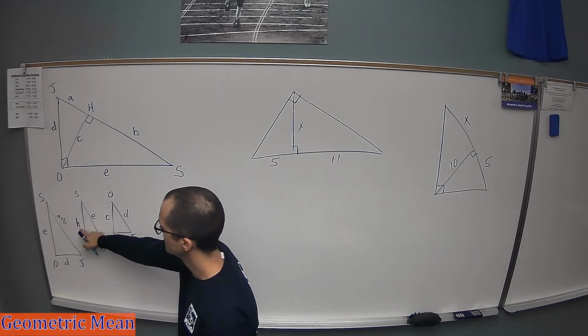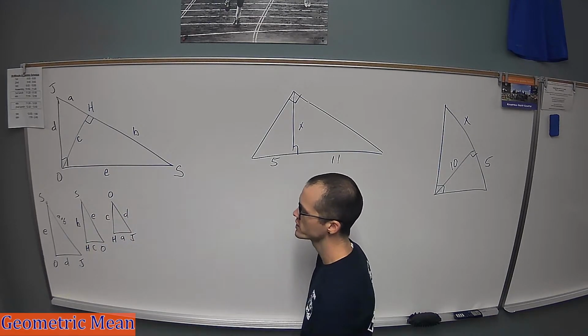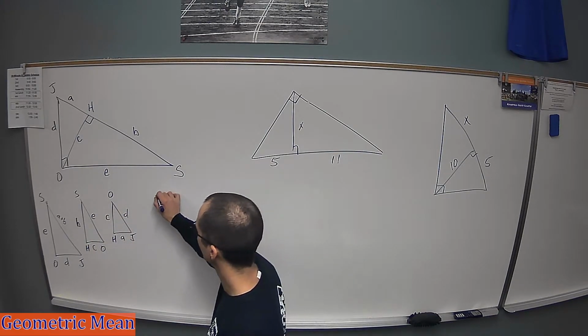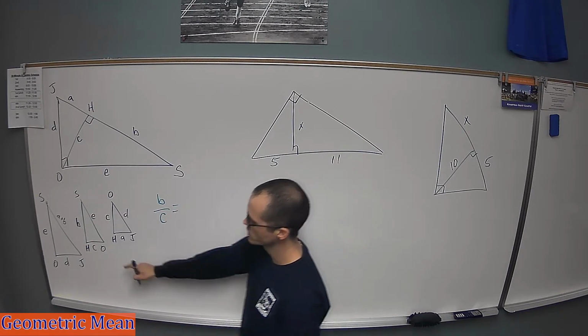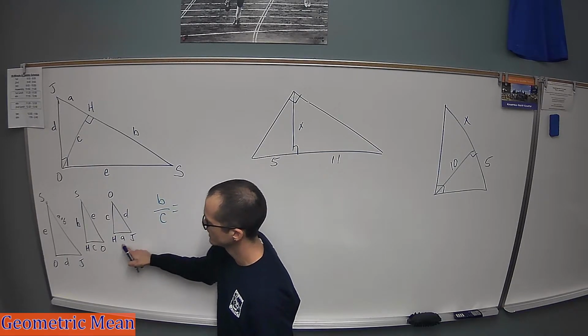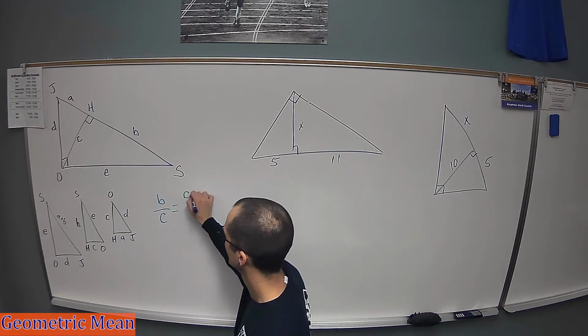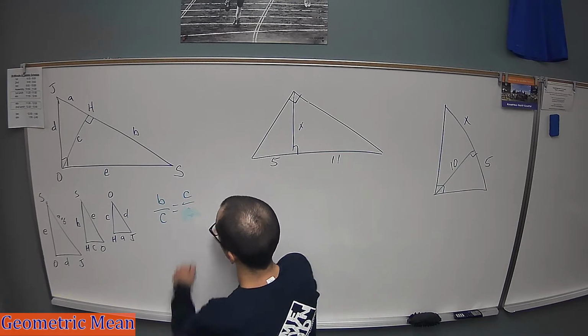I'm noticing that B and C in this case, so SH and OH, those are corresponding sides. So the ratio of B over C is going to be the exact same ratio as HO over HJ, which is length C over length A. Oops, I should keep that lowercase to be consistent.